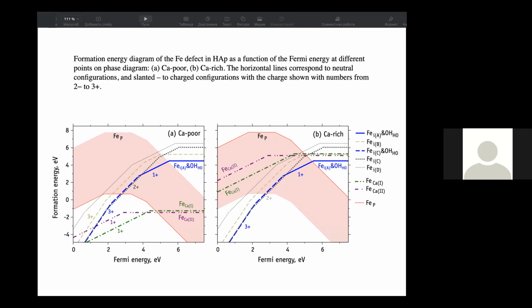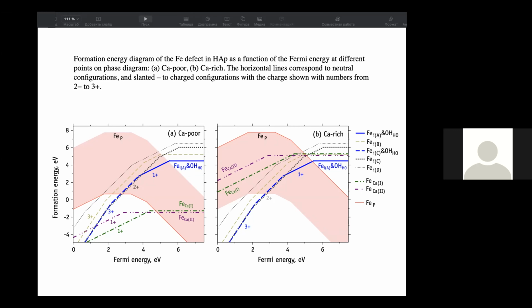If neutral, it will be calcium 2. Substitution of calcium 2 by iron. It's the wall around the hydroxyl group. Okay. And is it still somewhere along the OH channel between two hydroxyl groups or not?